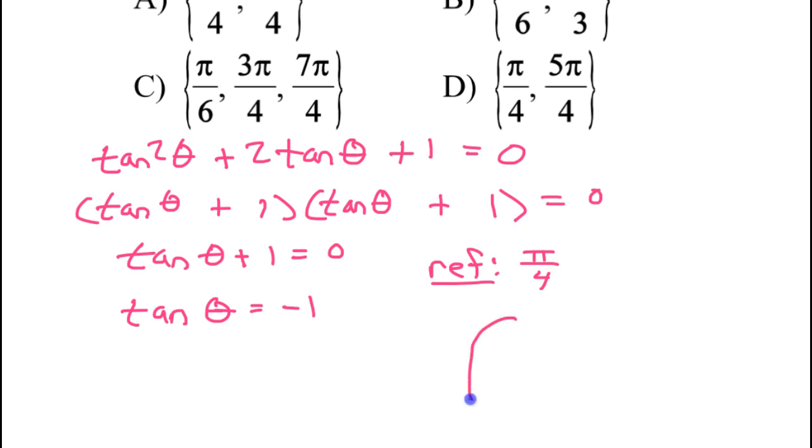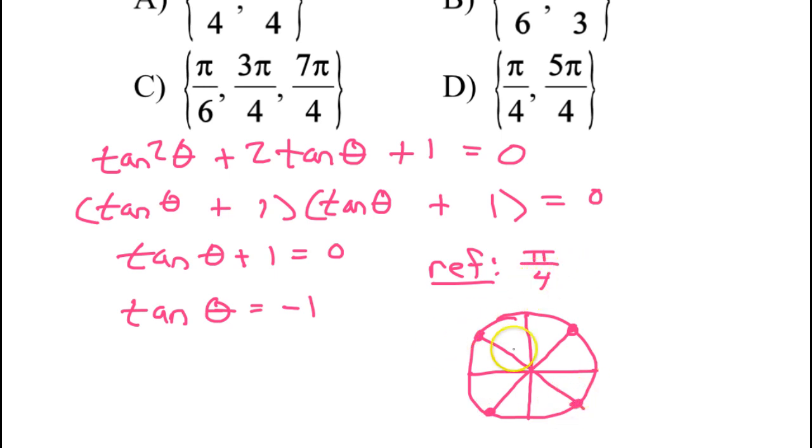Now, consider the chart, which you should be picturing in your head. This is a diagram of multiples of pi over 4. So all 4 of these angles have a reference angle of pi over 4.